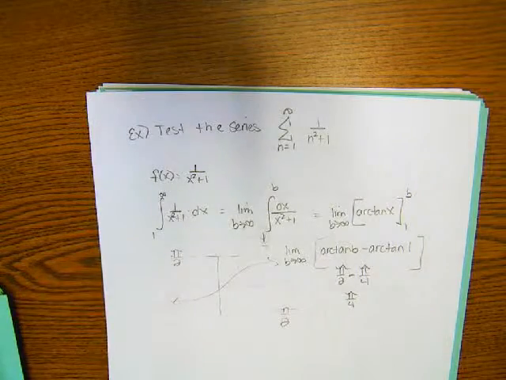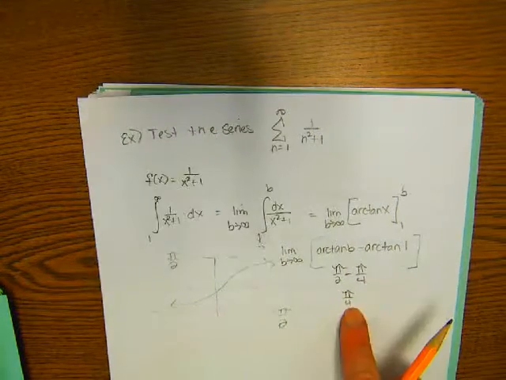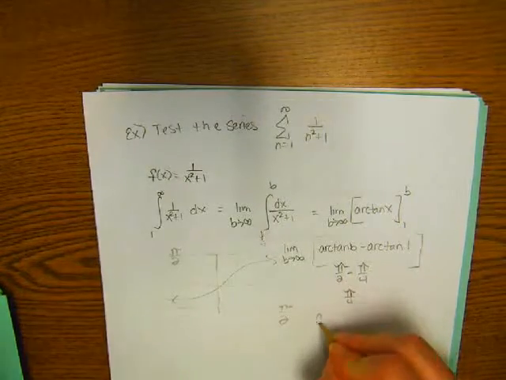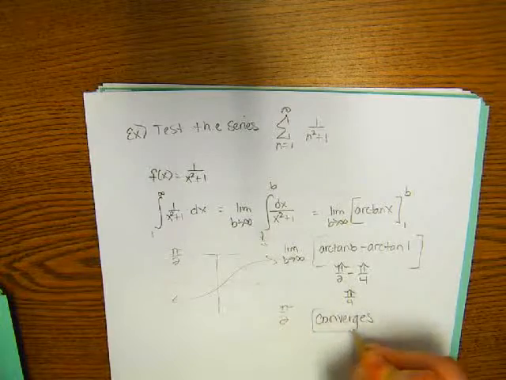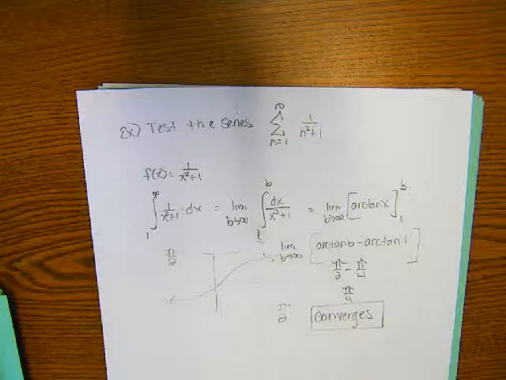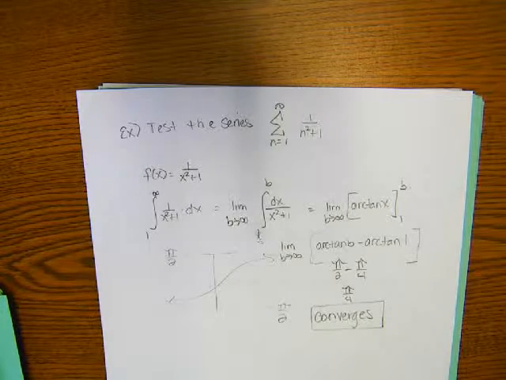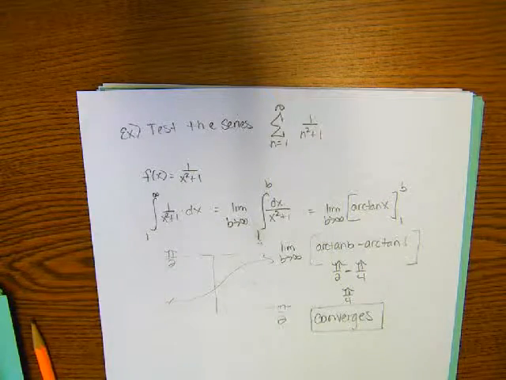So this is going to a value. Therefore, since we reached some kind of limit, this series converges because its integral converges. Okay, so that's a little bit about harmonic and p-series and the integral test.